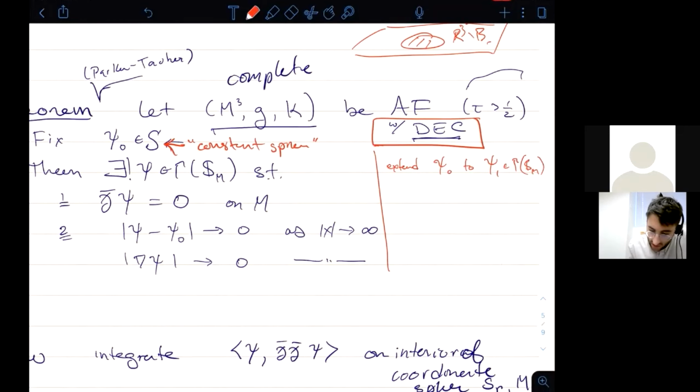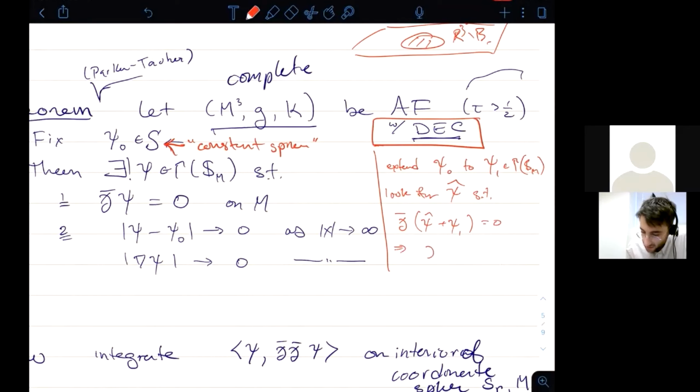Then you want to try to solve. So, we look for some psi hat so that the Dirac-Witten operator on psi hat plus psi1 is 0.